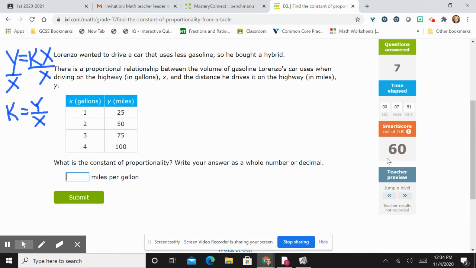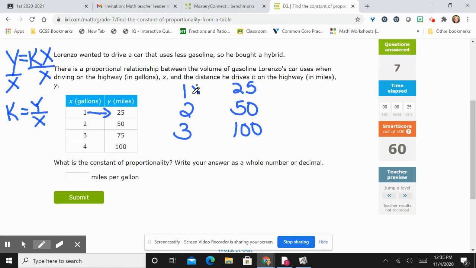Now, further along on this site, it's going to ask you, is the table proportional? This one is. It's not asking you that question. But later on, if this is a table that says 1 and 25, 2 and 50, and 3 and 100, would this be proportional? Well, 1 is your unit rate.